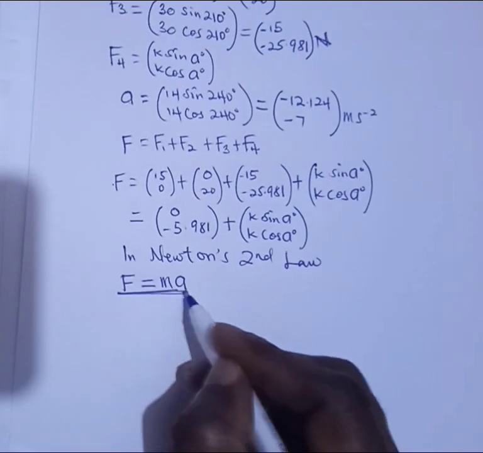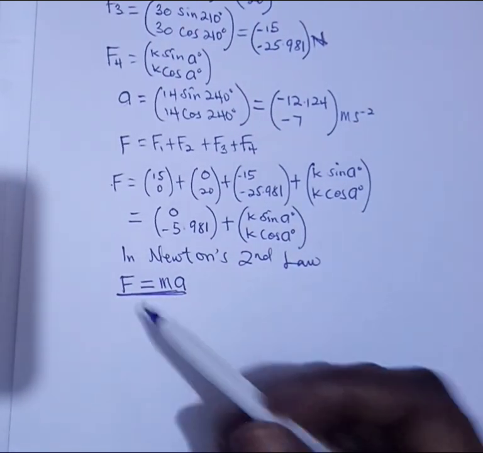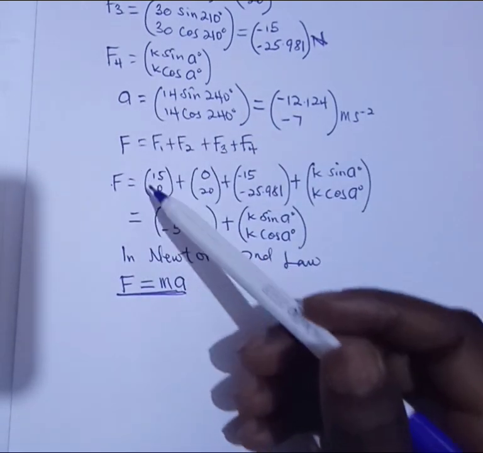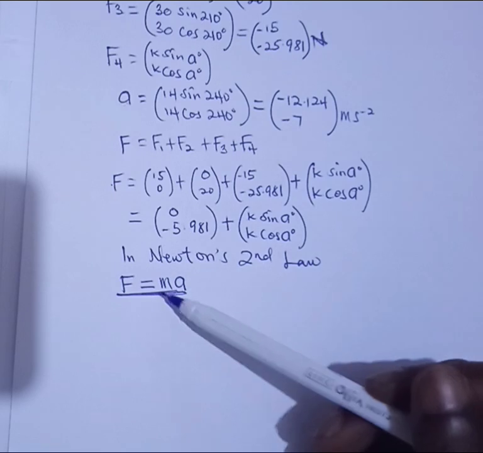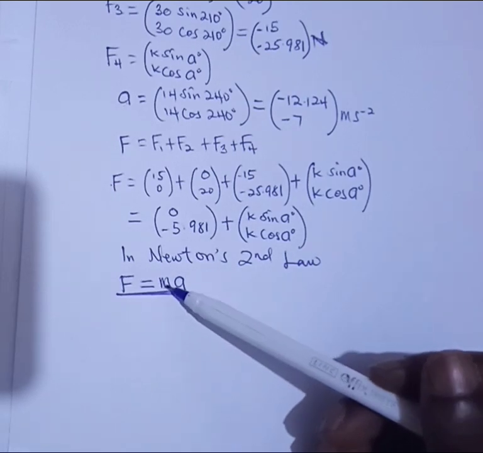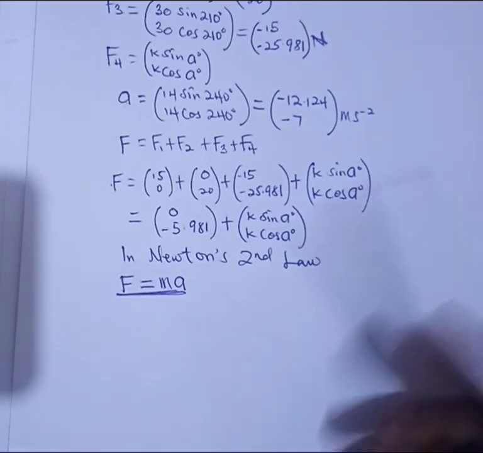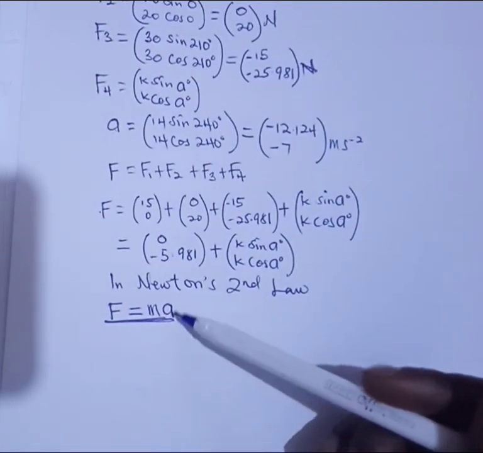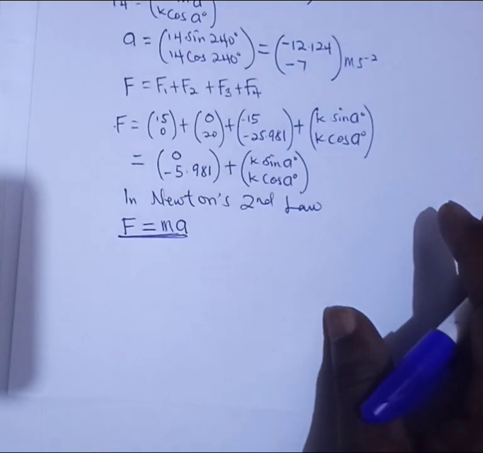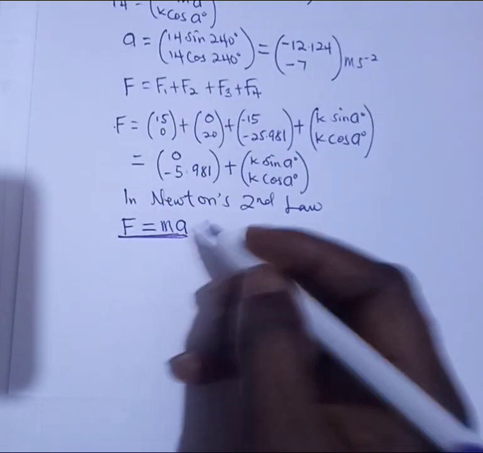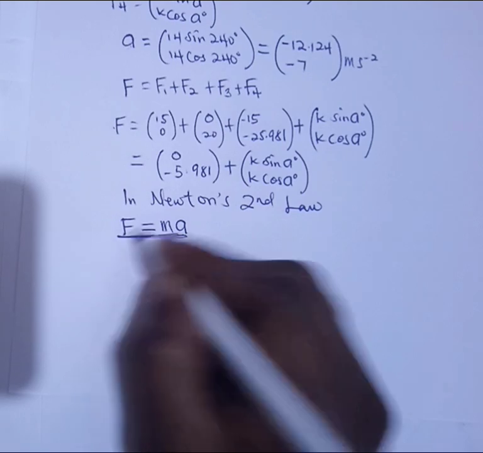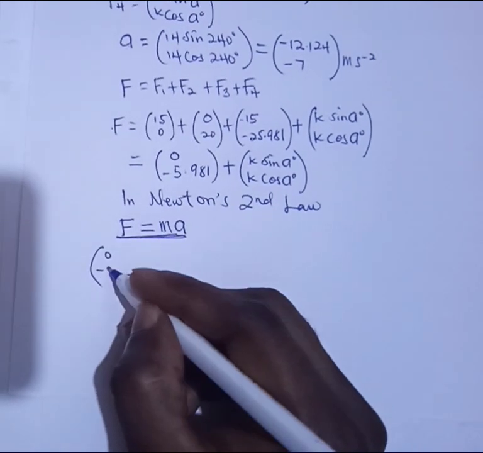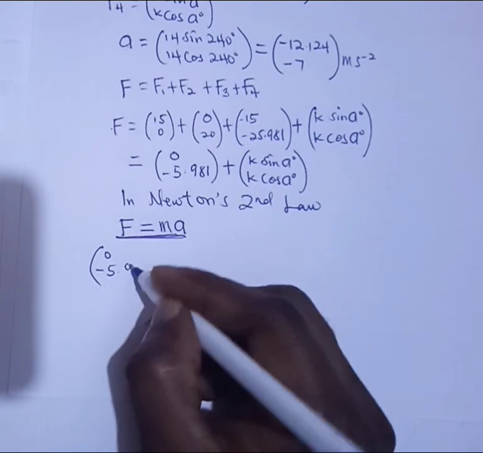If you remember this in Newton's second law, then we can only do substitution, because we have already calculated the resultant force, and we know our mass as 1.2 kg, and we have also worked out our acceleration. So we can quickly do this. We only do substitution. So for F, we got this, so we put the whole thing there.